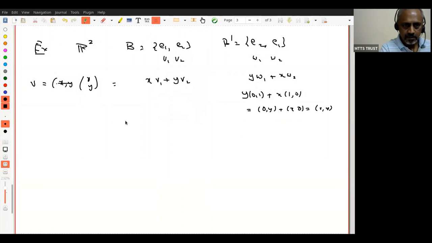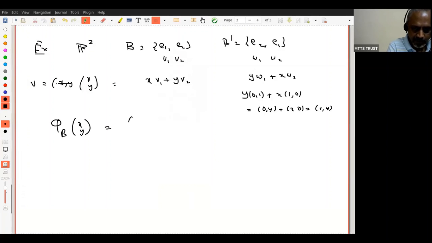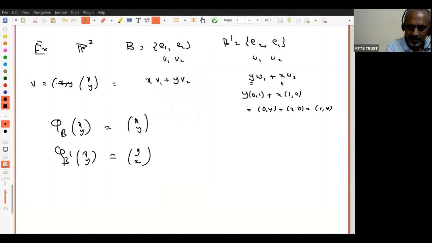So phi B of the vector (x, y) will be (x, y), whereas phi B dash of (x, y) is (y, x), because the first coordinate is going to be y now, and the second coordinate is going to be x.